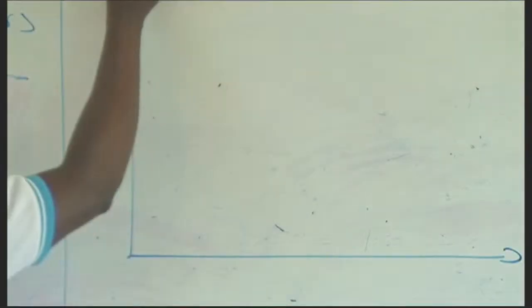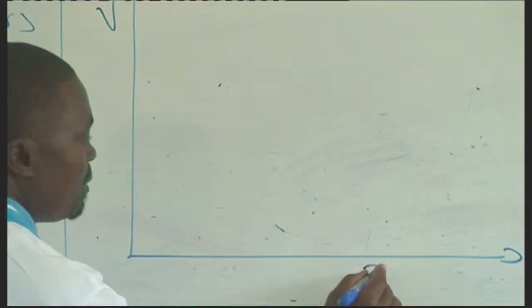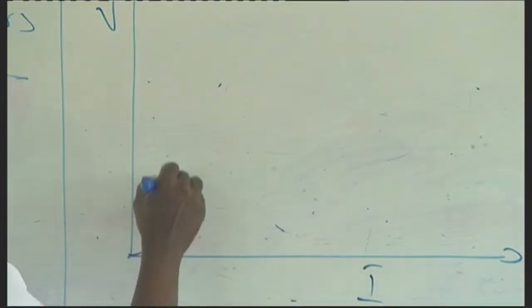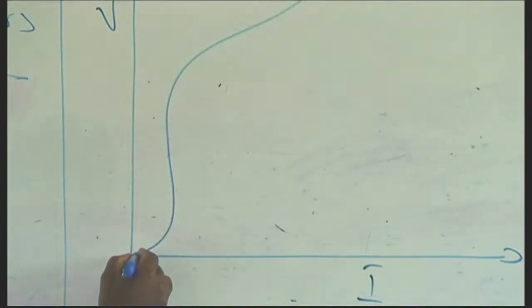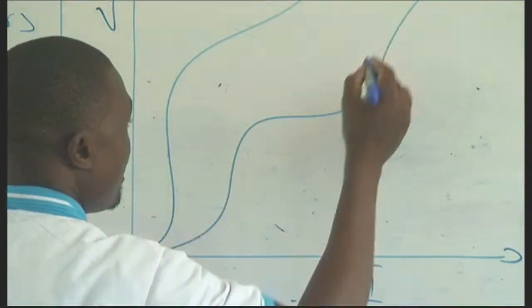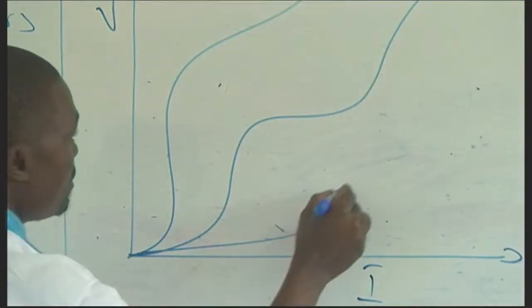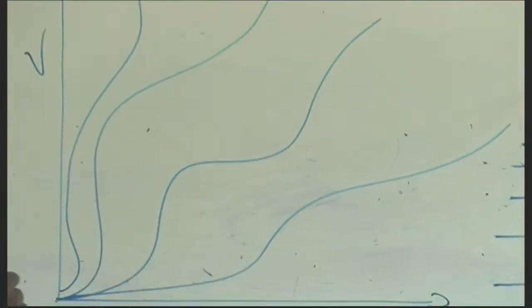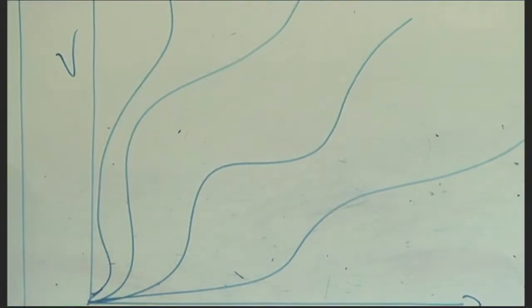So if you use a non-harmonic conductor, your graph of V against I can be of this nature. It can be like this, this way. So this is a different material. It can be that way. So it won't be a straight line through the origin.